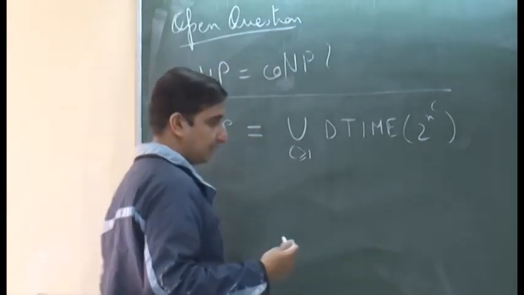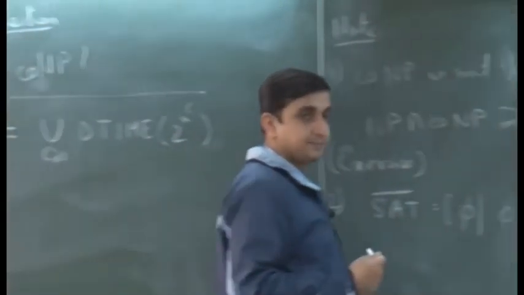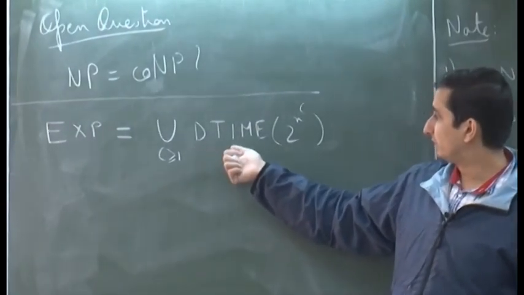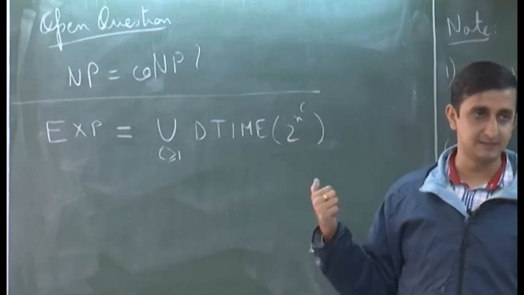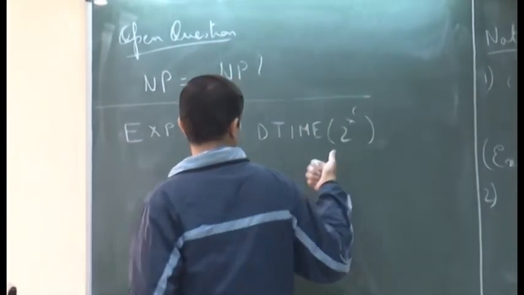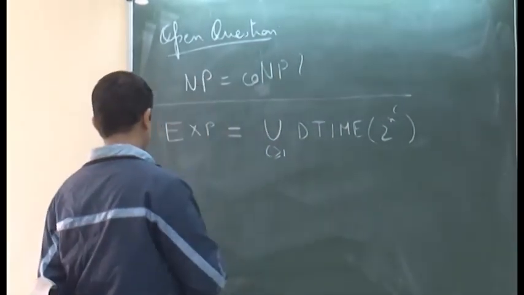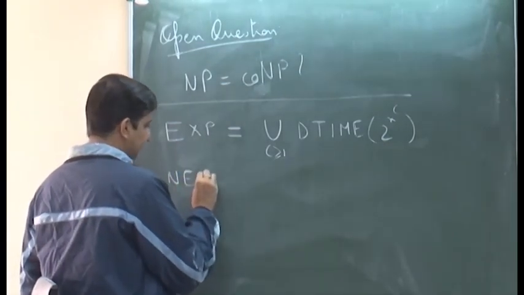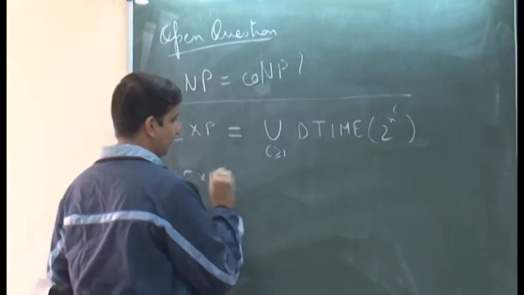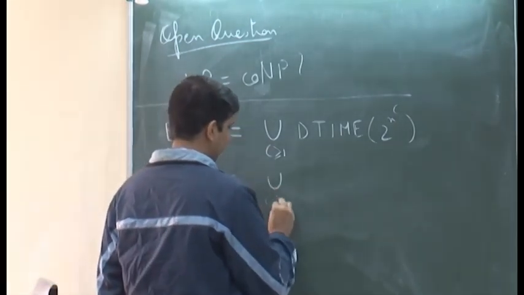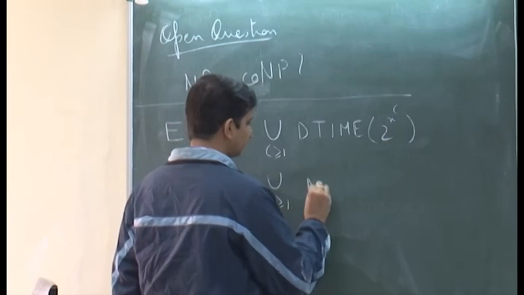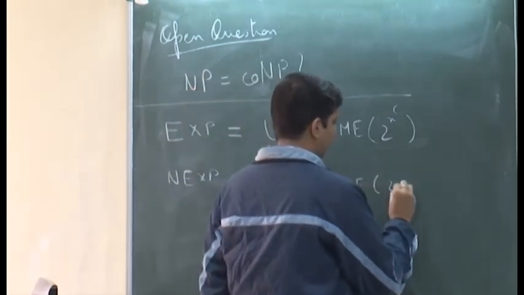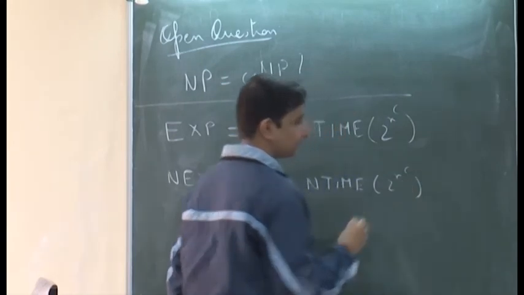So, recall that polynomial time, the class P was defined as the union of D time n to the power c. So, here we have this exponential term, and similarly NEXP is the union of all languages in N time 2 to the power n to the power c.